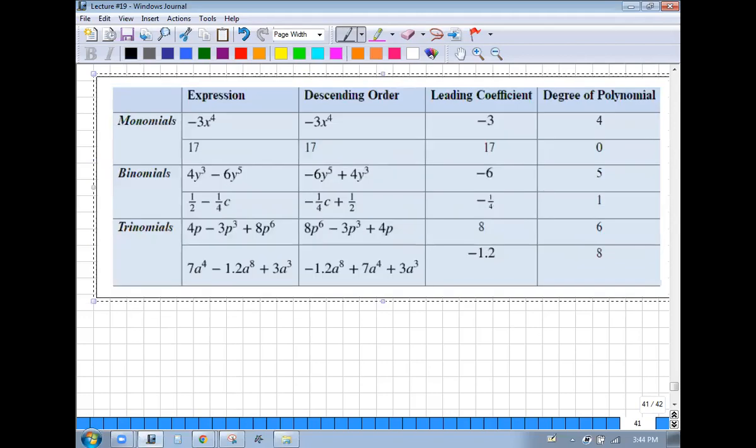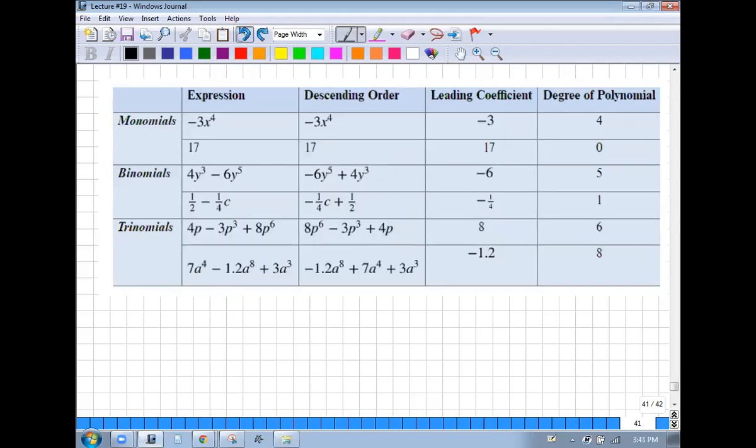So these are monomials because there's only one term. These are binomials because there's two terms. These are trinomials because there are three terms. All right, the leading coefficient, there's only one coefficient. Those numbers, right? So that's why that's the leading coefficient. Down here, the leading coefficient for this guy, right?